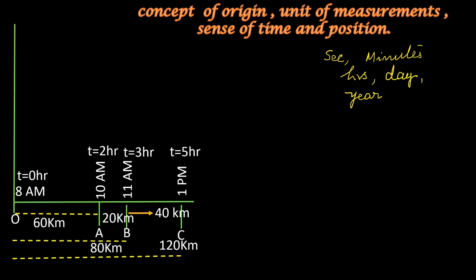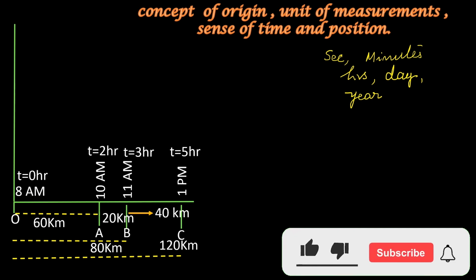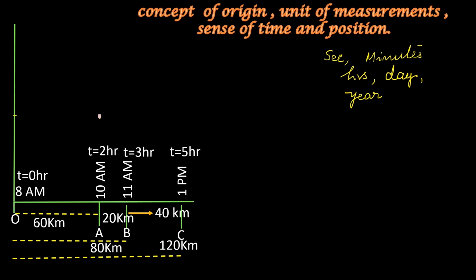Position is marked on the y-axis, drawn to a scale. That is, so many squares correspond to a particular number of kilometers. Initial position is marked as 0 at this point. At t equal to 2 hours, his position is 60 kilometers away from the origin. Let us mark it like this.